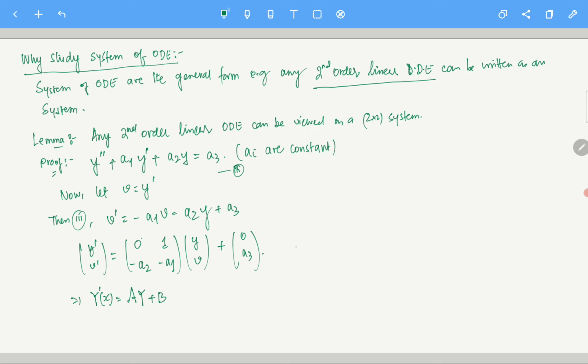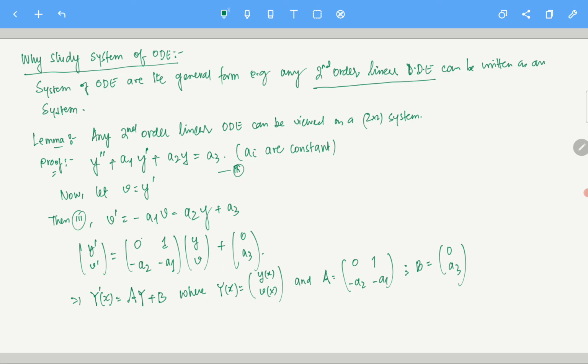Y of x is the vector with y of x and v of x, and A is given by 0, 1, minus a2, minus a1, and small b is given by 0, a3. Clear?